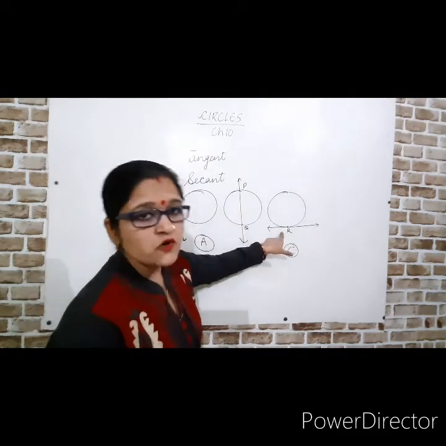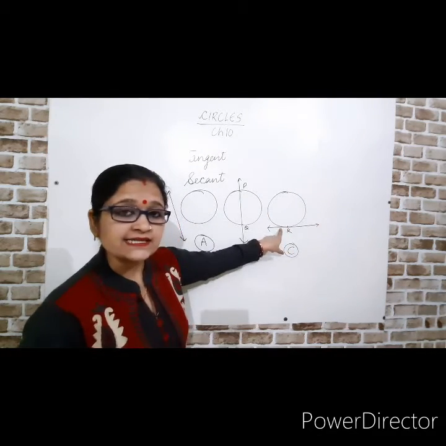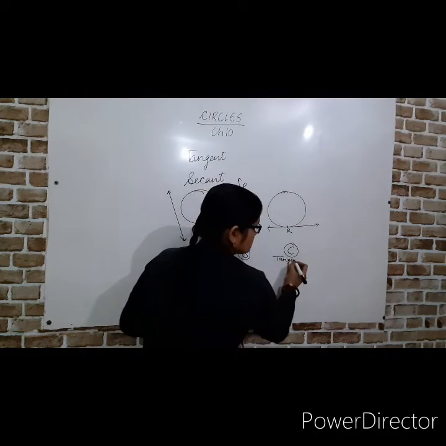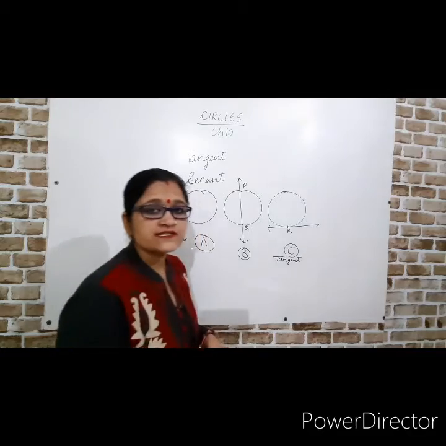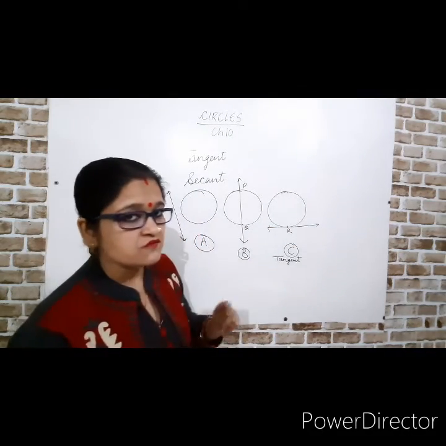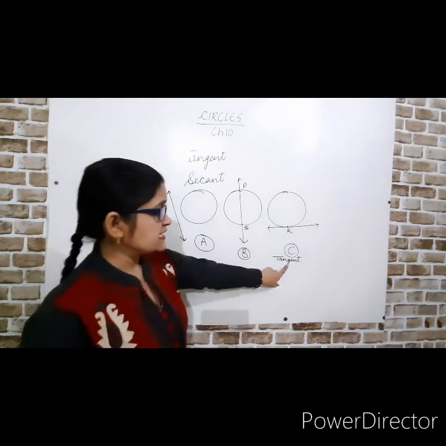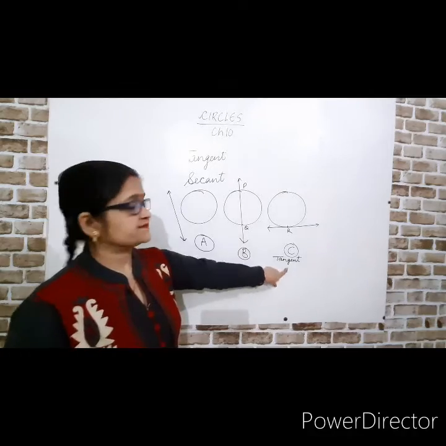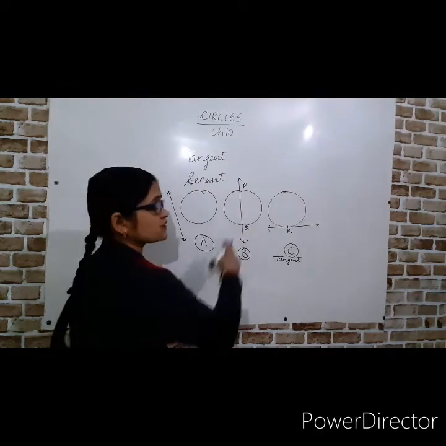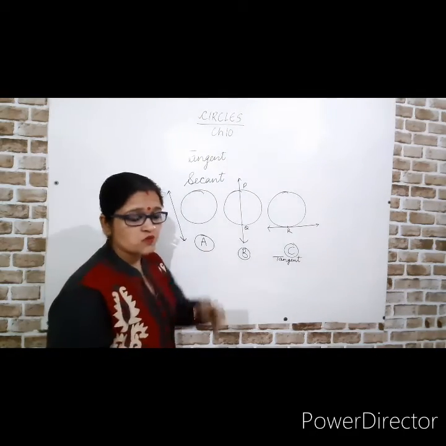If only one common point is there with the circle, this line is said to be a tangent. So what is a tangent? Any line intersecting the circle at just one point, meaning they have only one common point, is known as a tangent. Now figure B: we have two common points, meaning this line is intersecting the circle at 2 points.